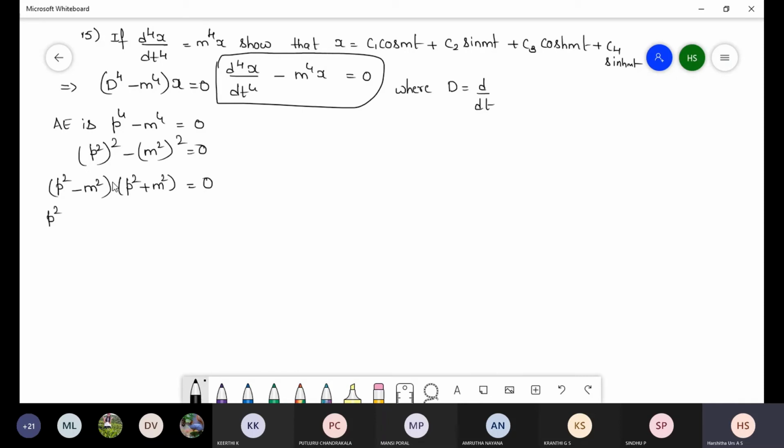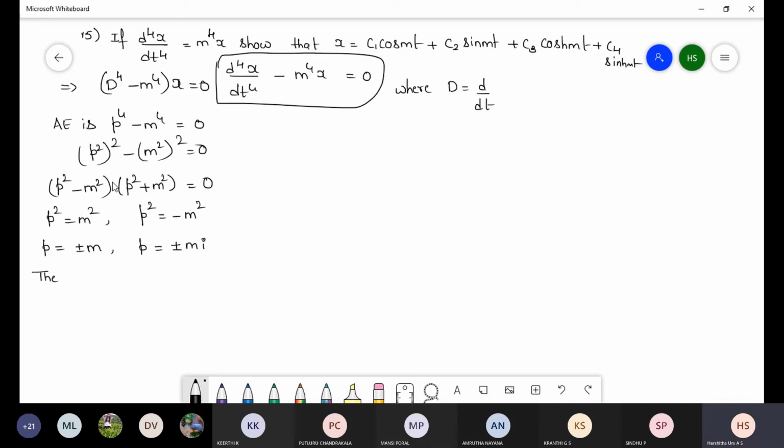So first term p square is equal to m square, second one p square is equal to minus m square. Root will be here plus or minus m, and here already minus is there, so plus or minus m into i.